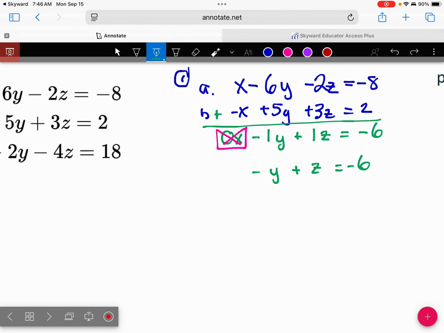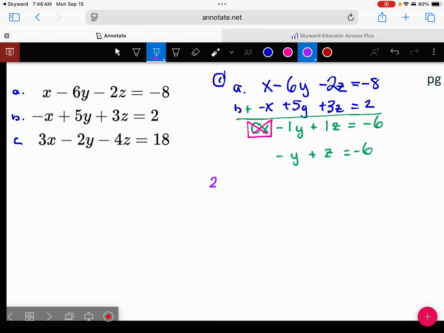Now we need to look at our original equations again. To get to our step 2, I need to eliminate out the same variable but with a different pair of equations, which means I can't use A and B directly anymore. I need to have something that uses C. So we need to mix C with one of these guys.